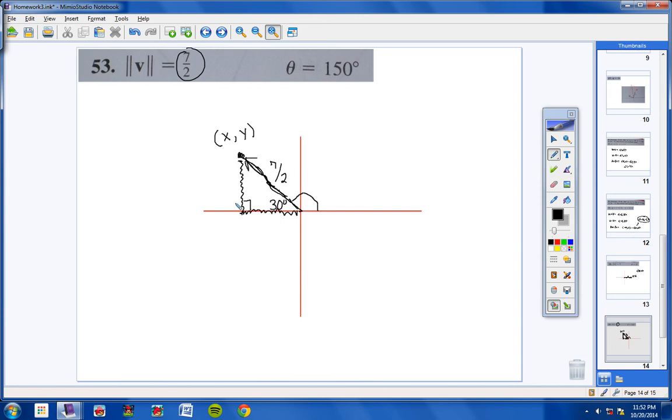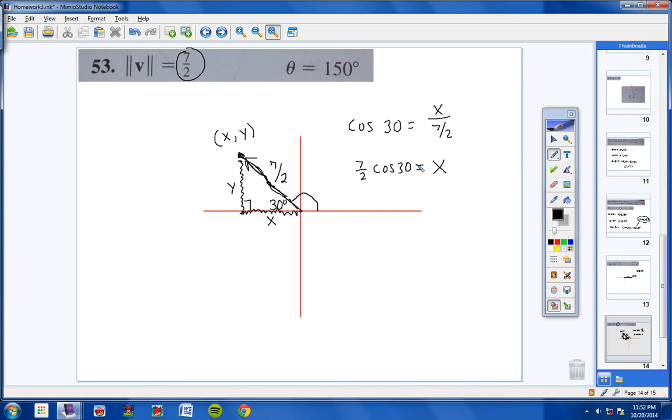So with that in mind, here we go. We'll call this our x because we're going across this way, and we'll call this our y. So we can say the cosine of 30 equals adjacent over hypotenuse. So multiply both sides by 7/2. 7/2 cosine of 30 equals x.